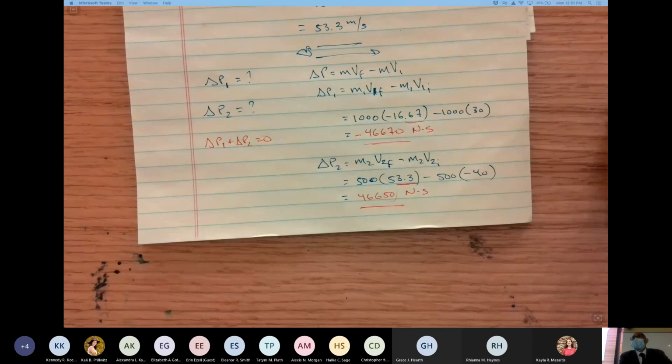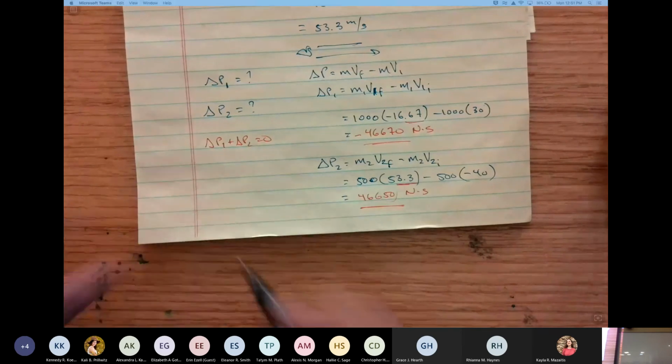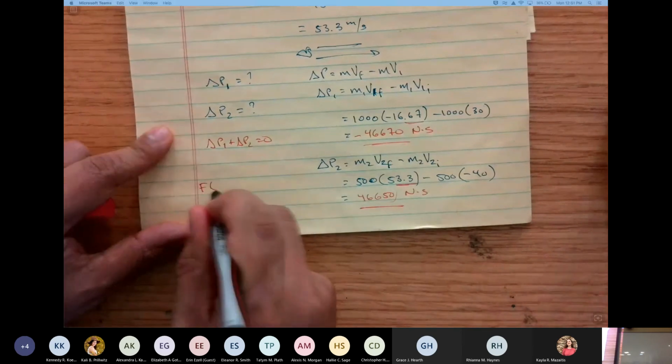Emma? It is the same thing. Impulse is the change in momentum. The way we talk about impulse is that F t equals delta P, and we call this the impulse.